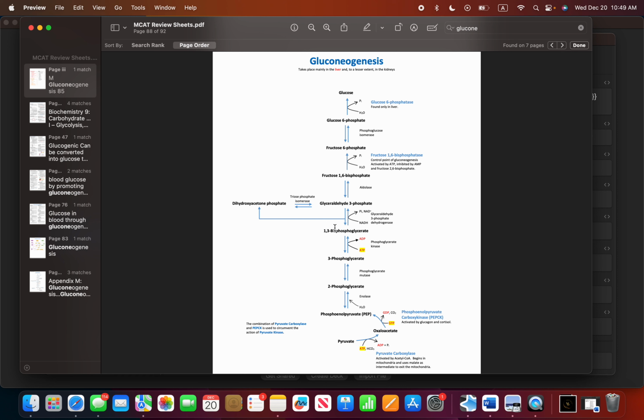And most likely these molecules, sugars in the middle, should be the same between gluconeogenesis and glycolysis, but we'll go over that later.